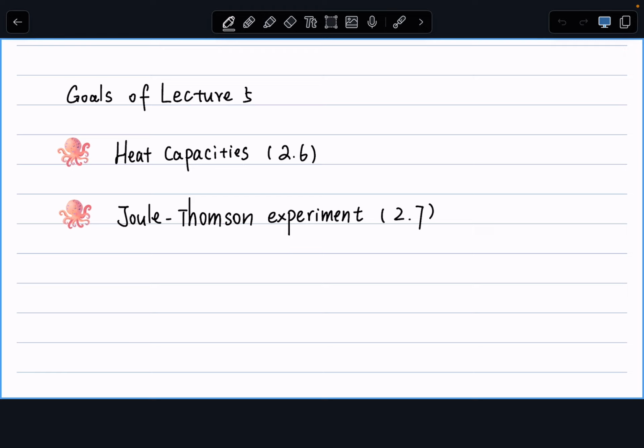For use of the first law in these forms, we're assuming the system is closed, at rest, and has no external field. Remember, the initial form of the first law is delta E equals Q plus W. So these terms eliminate the kinetic energy and potential energy in the first law of thermodynamics.